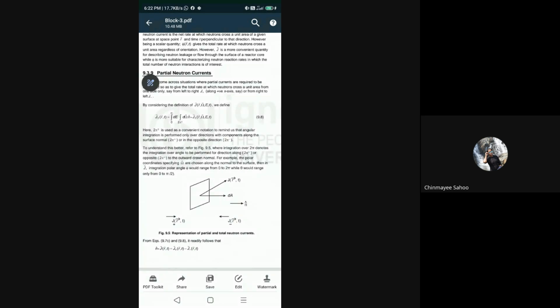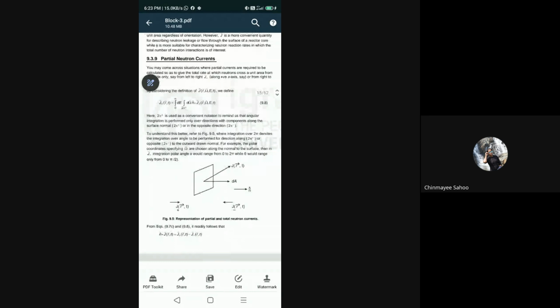For example, take the polar coordinates specifying omega with the normal to the surface. Then in J plus vector, the integration over azimuthal angle phi would range from 0 to 2 pi, while theta would range only from 0 to pi by 2.